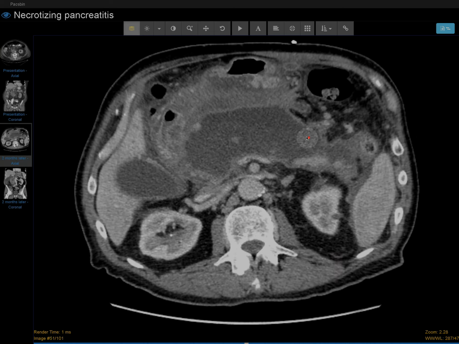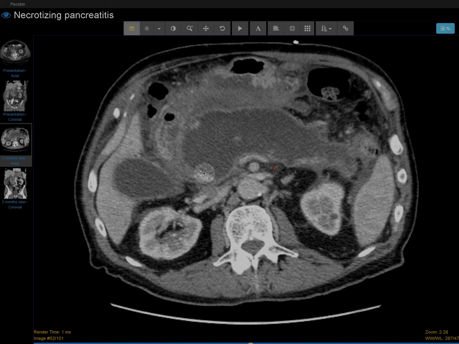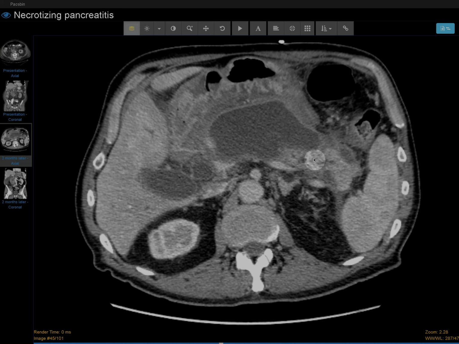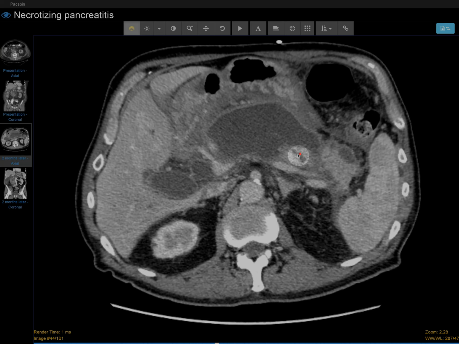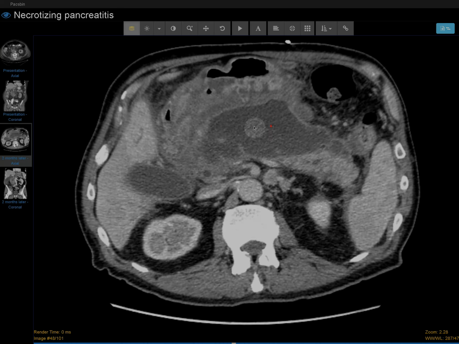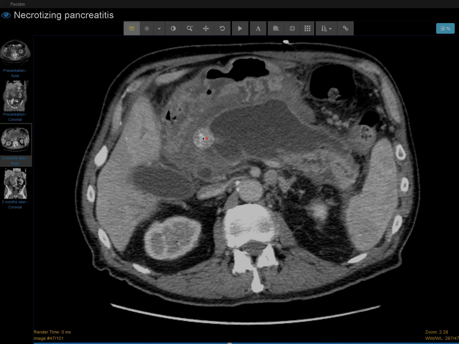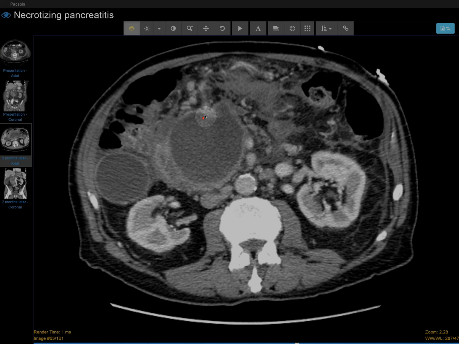That again is terminology: if someone has necrotizing pancreatitis and it's been more than 4 weeks and there's a collection, then you call it a walled-off necrosis. So this is a big walled-off necrosis right here. The pancreatic duct in the tail is dilated. Who knows, maybe this duct is emptying out into this collection. And then the other thing that I noticed was that there's this vessel that kind of goes in through the collection itself.